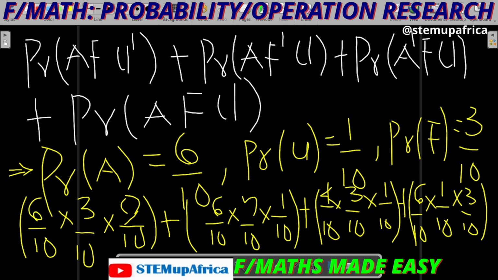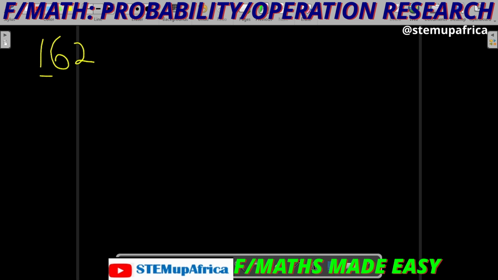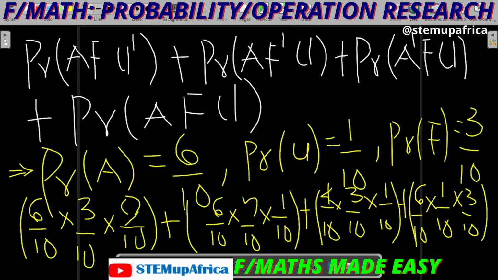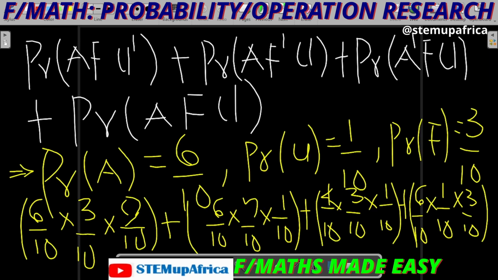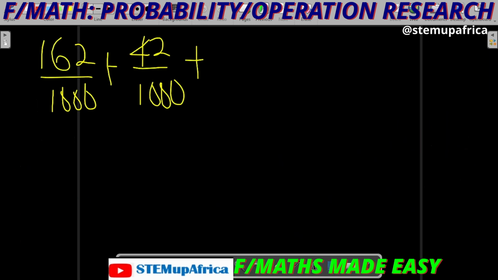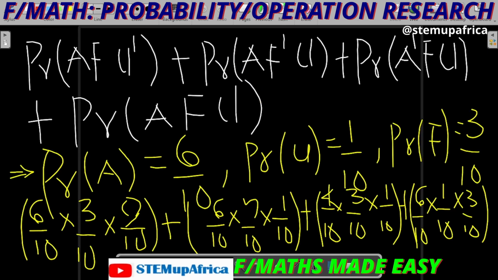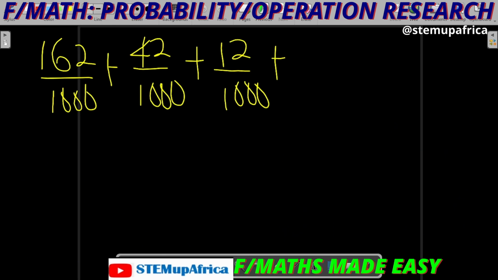So 6 times 3 times 9 gives us 162 over 1000, plus 6 times 7 times 1 gives 42 over 1000, plus 4 times 3 times 1 is 12 over 1000, plus 6 times 1 times 3 gives us 18 over 1000.